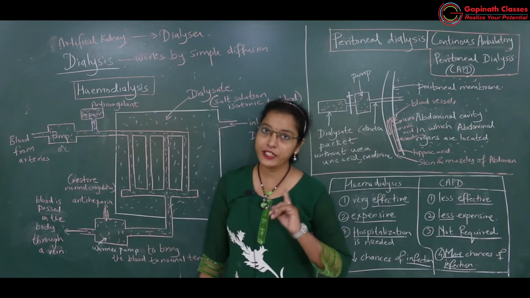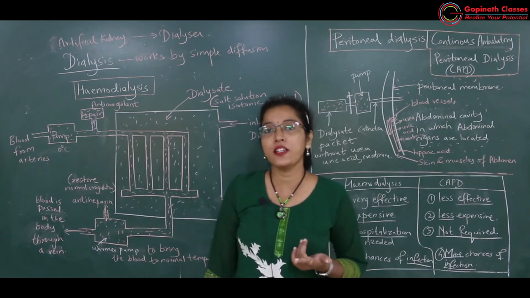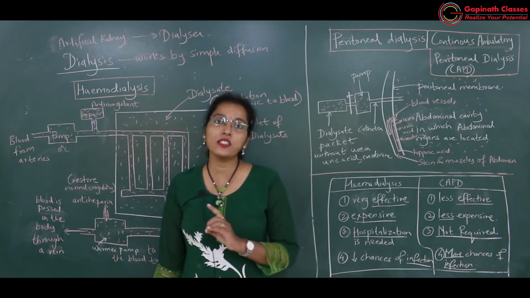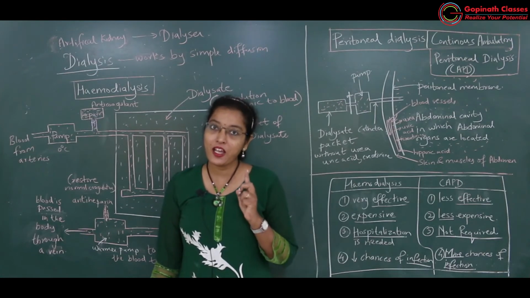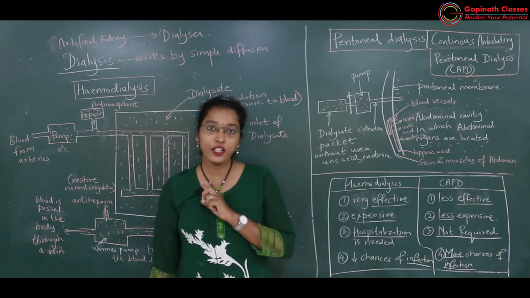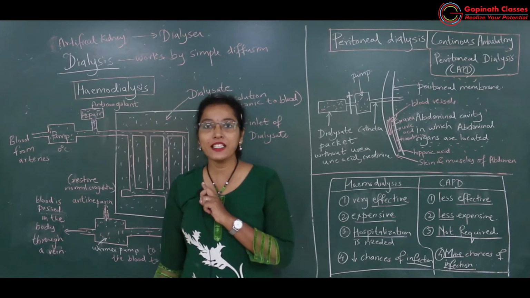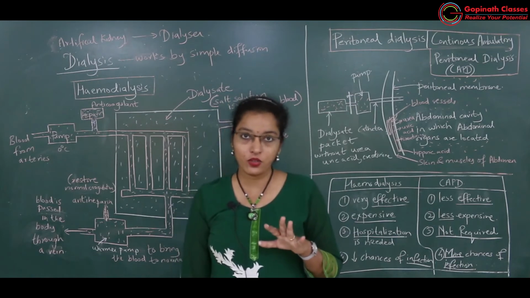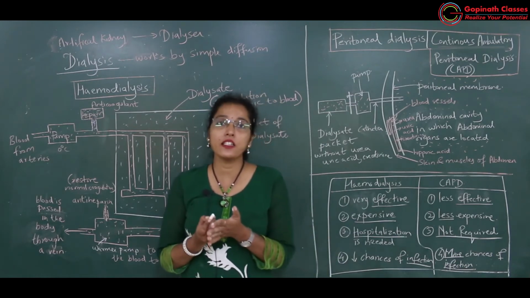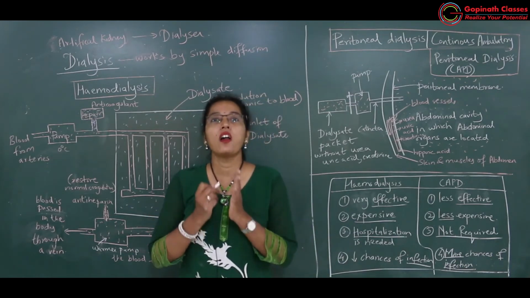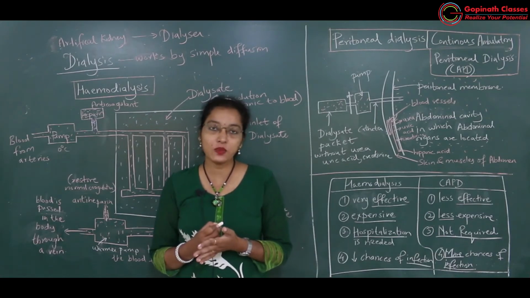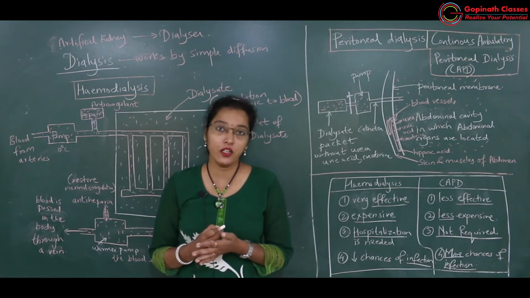But remember, the hormones of the kidney, renin and erythropoietin, cannot be produced by this technique. So we cannot replace the whole actual kidney by a dialyzer. The dialyzer simply removes the nitrogenous waste and extra electrolytes present in the blood.